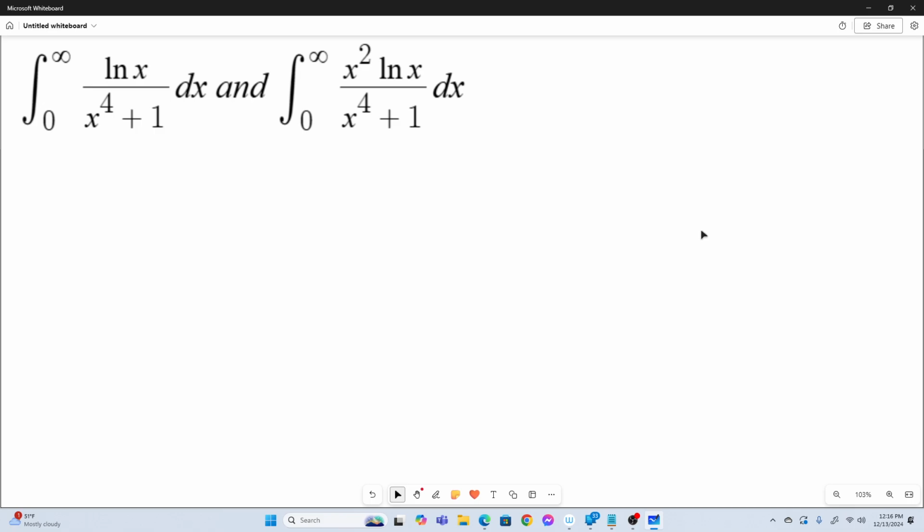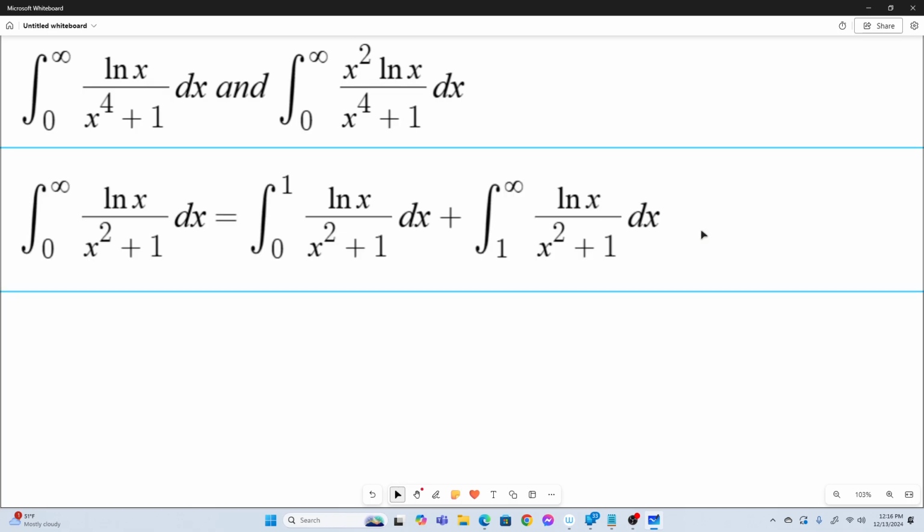It's not really easy to think of an integral like these that we would just right off the bat know the value of. So we're going to pick this integral, the integral from 0 to infinity of natural log x over x squared plus 1 dx. And we can use a trick to find that that's equal to 0.